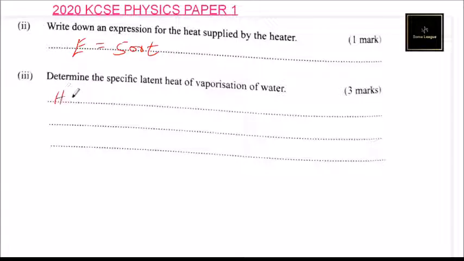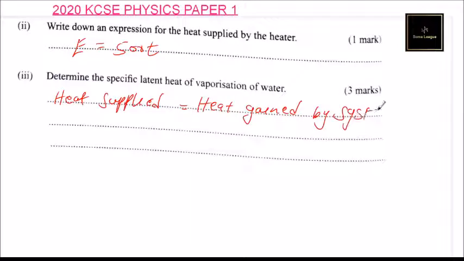So we can say heat supplied is equals to heat gained by the system. Which means that 500 is the heat supplied. 500 multiplied by time taken is equal to mass multiplied by the latent heat of vaporization.